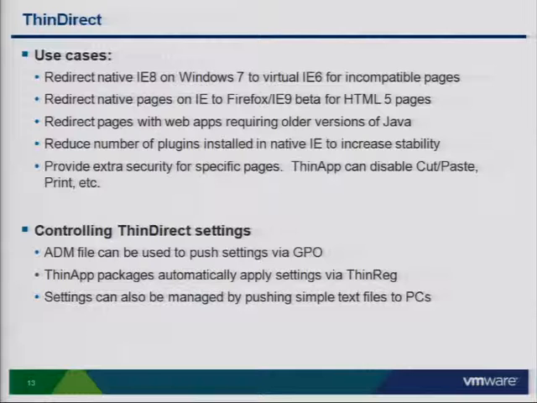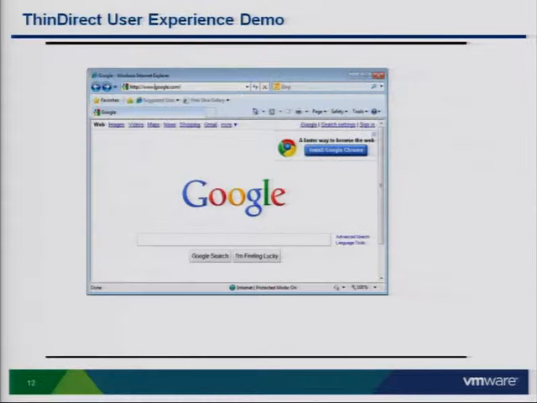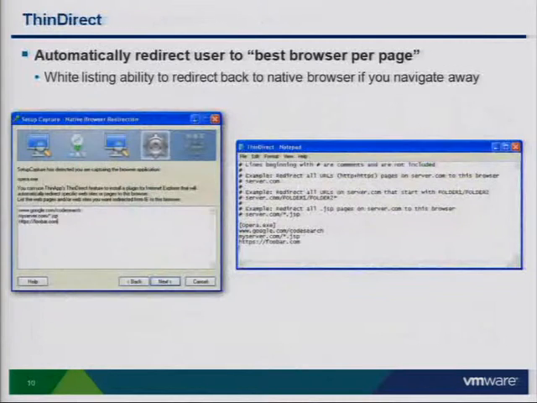You can embed this information in ThinApp packages. So, for example, if I package up Chrome as a browser, now Setup Capture has a screen here where I can enter in any URLs I want to redirect to this new browser.